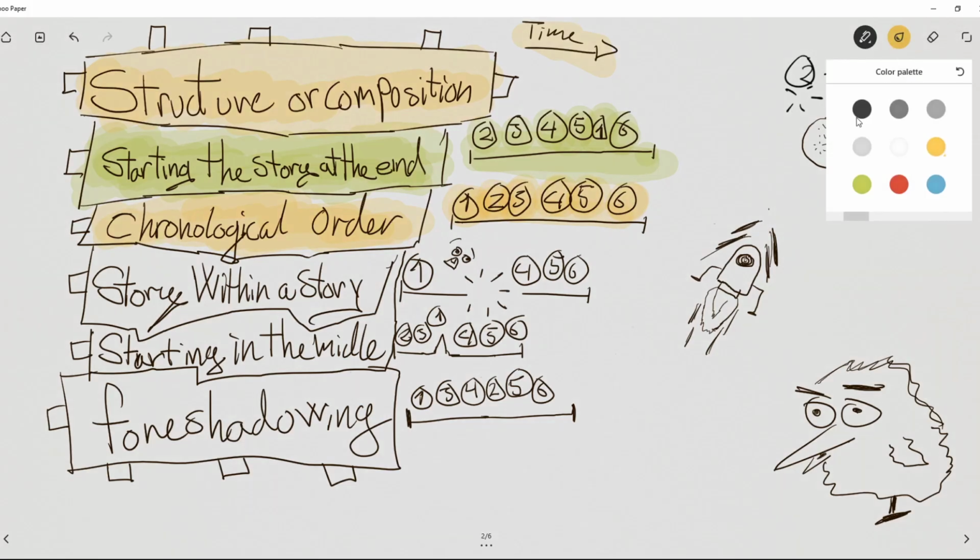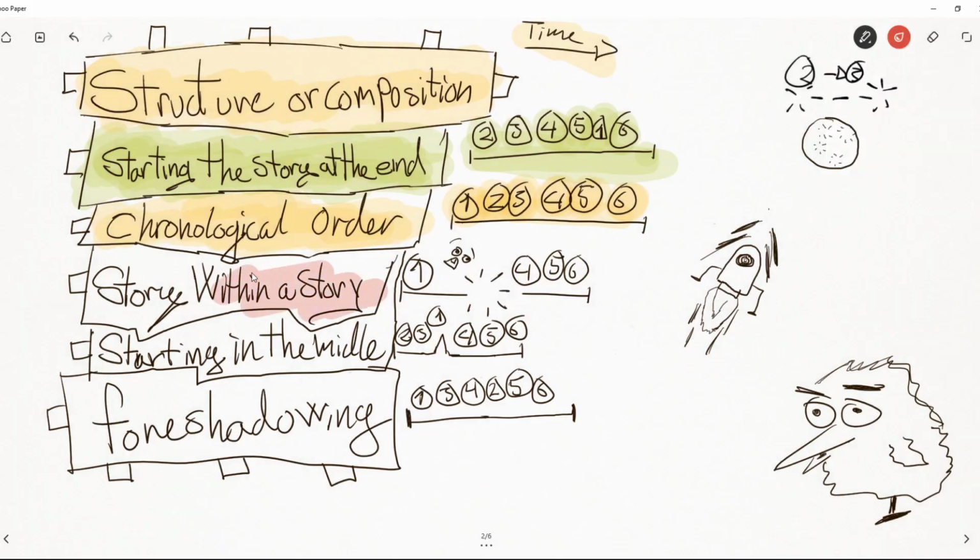So next up we have the story within a story, this one, and this can get really complicated really fast. As you see here, the story starts and whoosh, you're going over to another dimension, telling another story within your story, and then the story is over and you get back here and finish up.